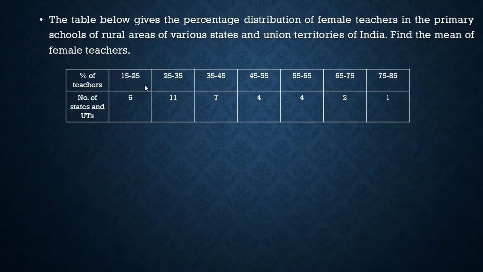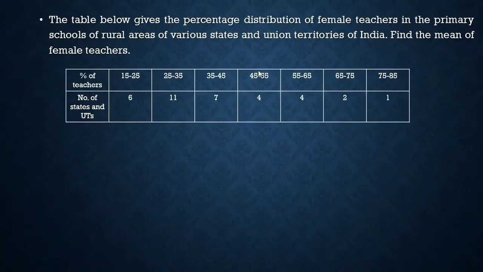These are the percentages of teachers in various primary schools of rural areas, and the number of states and union territories: for 15 to 25%, 6 states and union territories, and so on. The distribution has been given to us. Our job is to find the mean of this data.